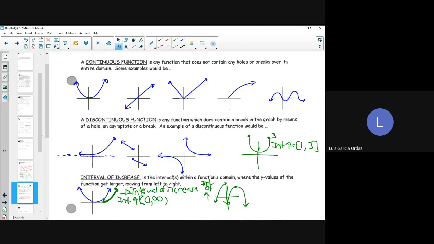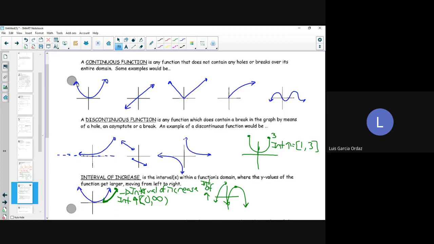But what about the asymptotes? How do we do that for the asymptote? So for this one, if you're reading it from left to right, the interval of decrease is from open bracket what? The asymptote is at 0, right? It doesn't touch 0.